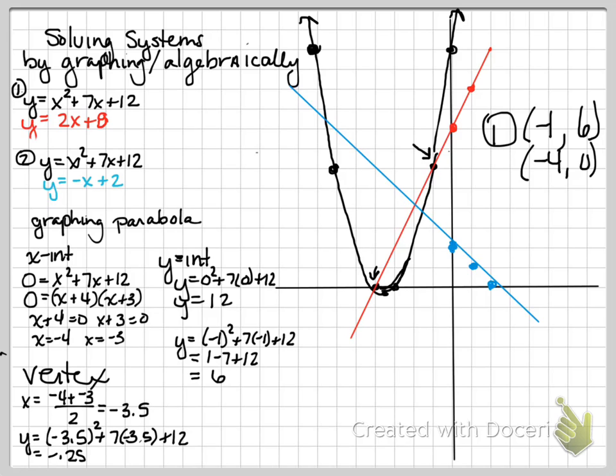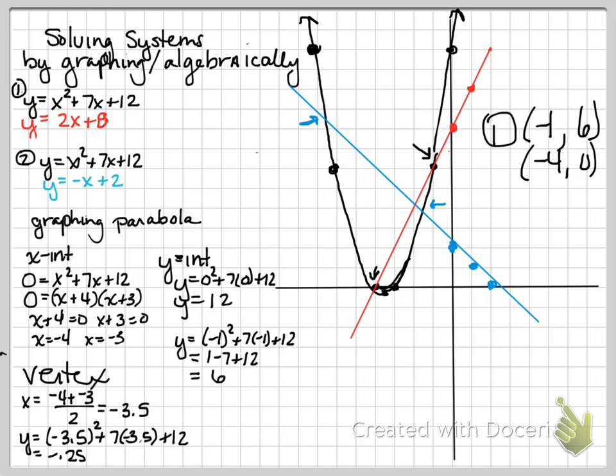That's close enough. Alright, so if you look here, this time though, our point of intersection is not a nice point. It's here and here. So I'm not going to be able to count like I did before. What I'm going to have to do is estimate.